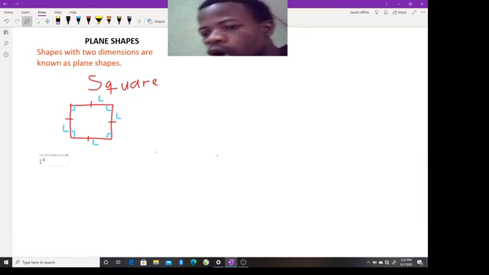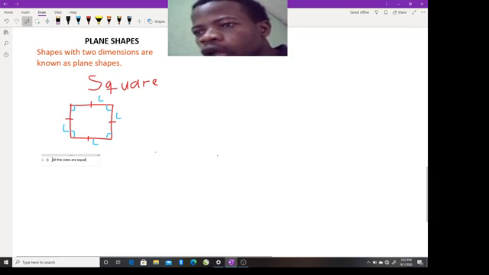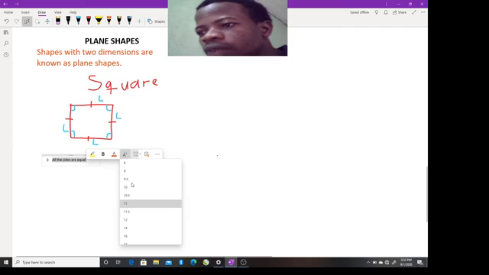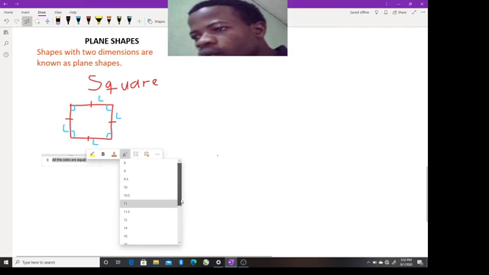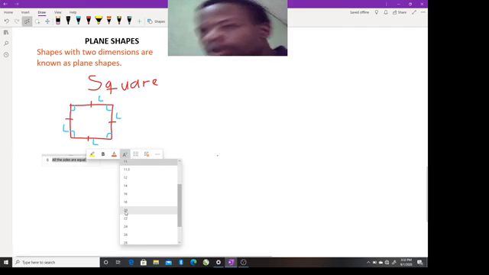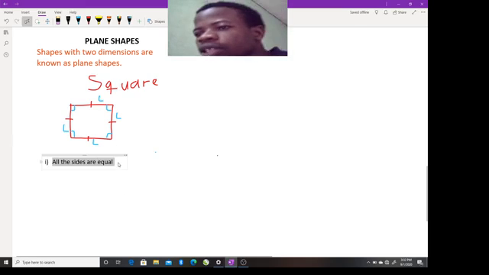They have all the sides equal. So for a given square, all the sides are equal. And if they are equal, what does that imply? All the sides are equal.